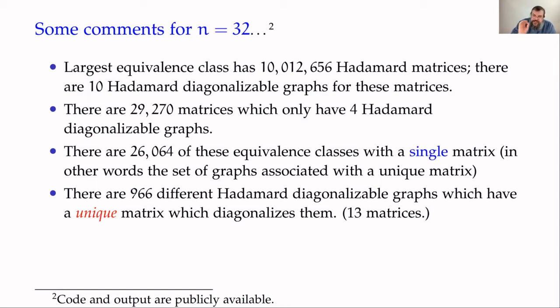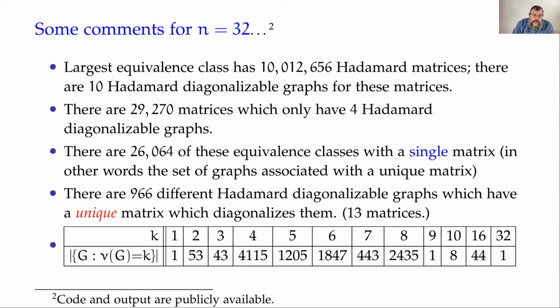You have to get just the right Hadamard matrix, otherwise you won't find it. So it's like searching for a needle in a haystack, which is why it helps to be exhaustive. Now there's 13 such matrices that are that unique matrix.